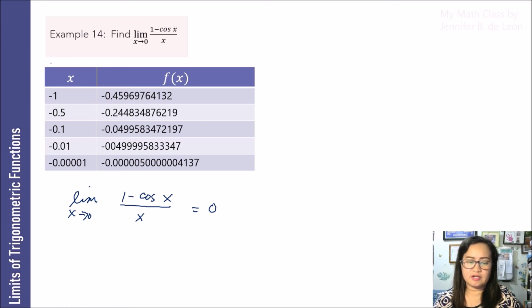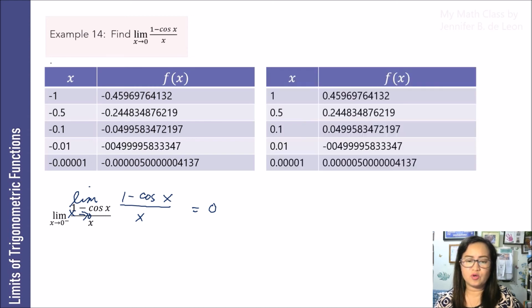Now let's take a look. So here, the limit of 1 minus cosine x over x as x approaches 0 from the left is 0. Now what if we choose the values at the right of 0? We can conclude that as the value of x approaches 0, the value of f of x is equal to 0.